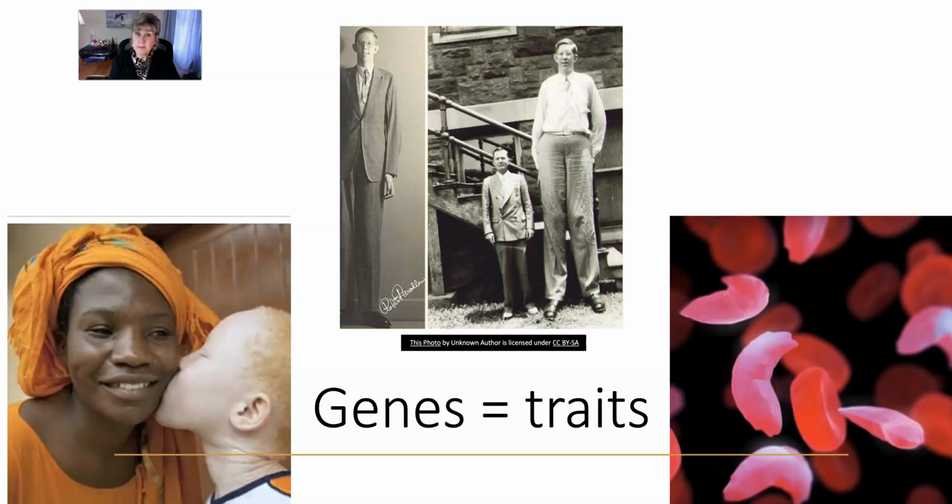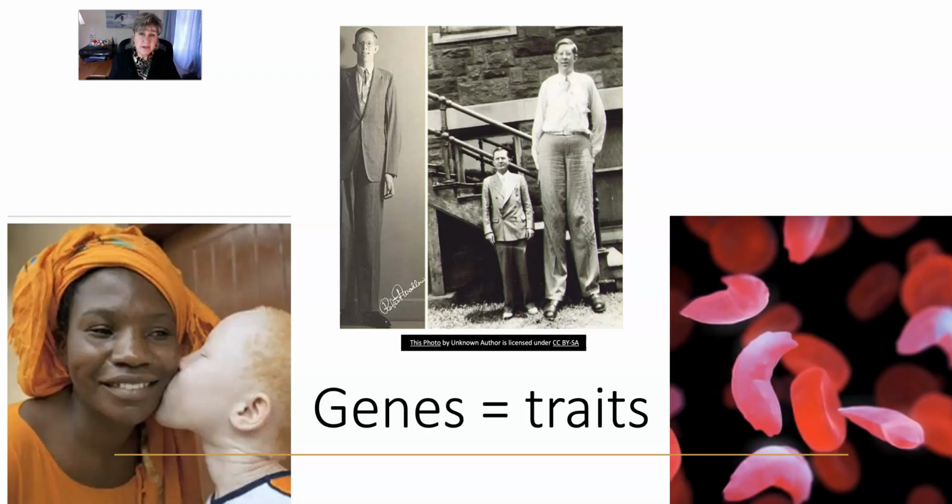There are traffic jams of the red blood cells in the capillaries, and that means these particular tissues aren't getting oxygenated, and this causes tissue damage. That's why sickle cell anemia is so devastating, because tissues all around the body can be deprived of oxygen and then die. That's a recessive trait, sickle cell anemia.